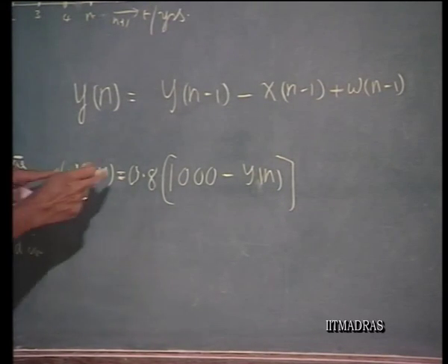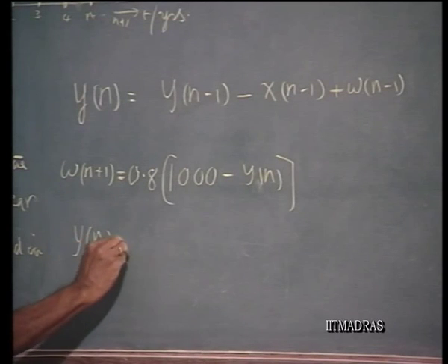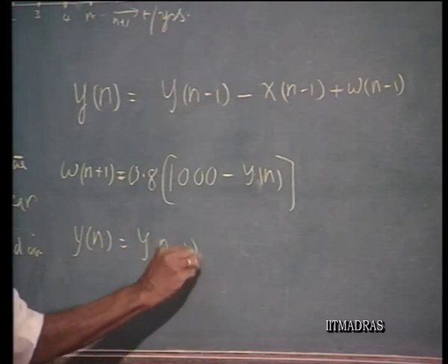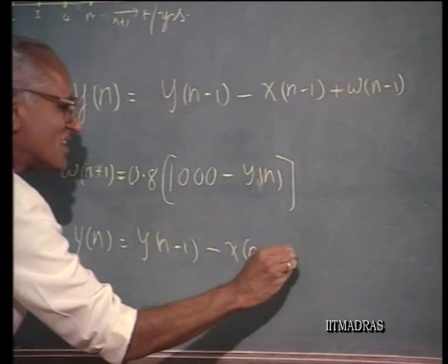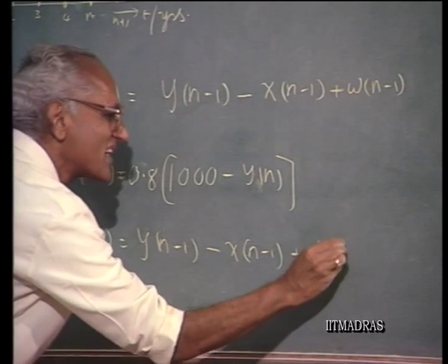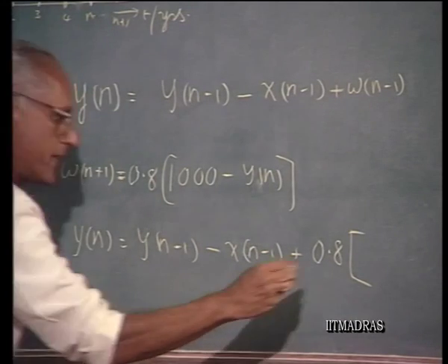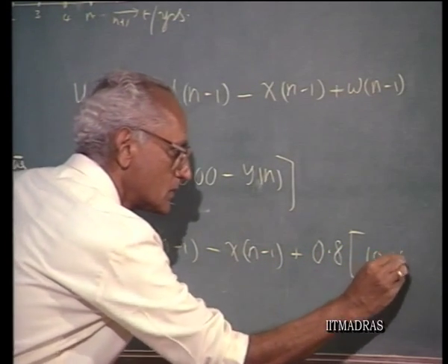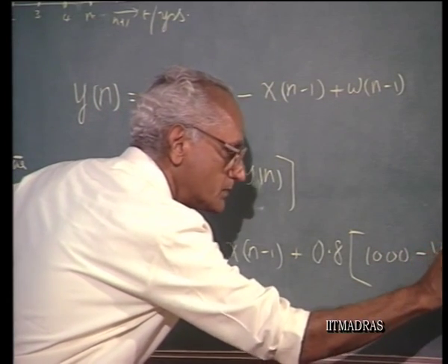If you substitute this expression now, you can write yn equals yn minus 1 minus xn minus 1 plus wn minus 1, which is 0.8 times (1000 minus yn minus 2).